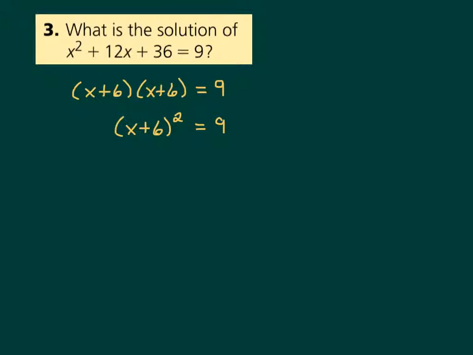So now when we solve this, we can take the square root on each side and we can get that x plus 6 equals plus or minus the square root of 9, which is plus or minus 3.